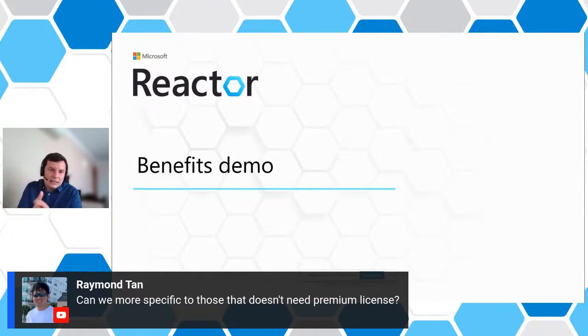And specifically to your question, there are some things that you might need a license for. For example, if you need a premium connector, like connecting to an Azure service. Azure SQL, for example, is a premium connector, or a custom connector that you already created. Your users are going to need that license.